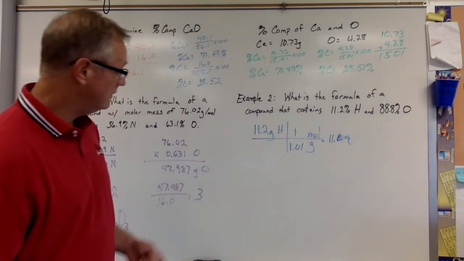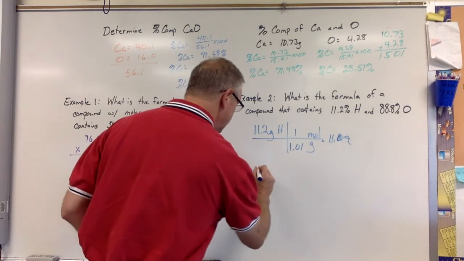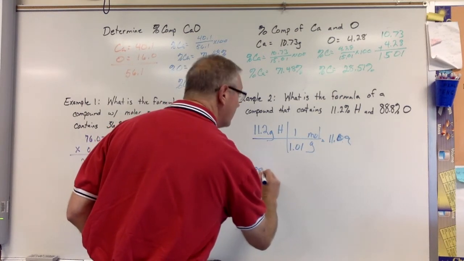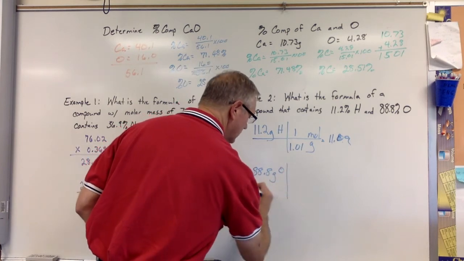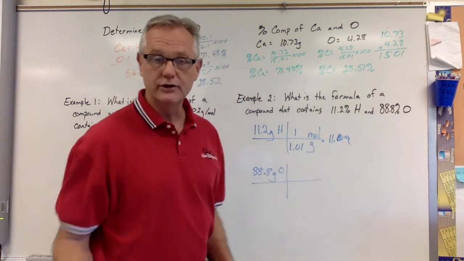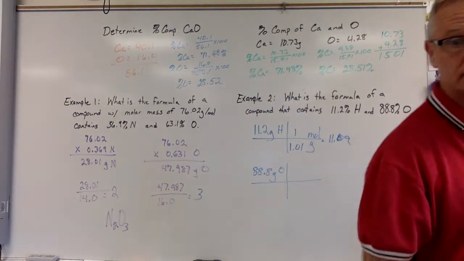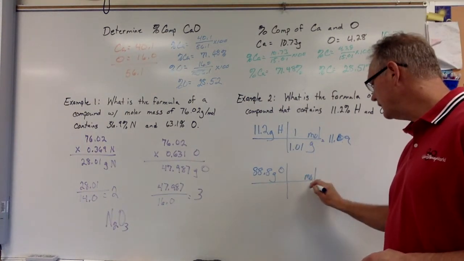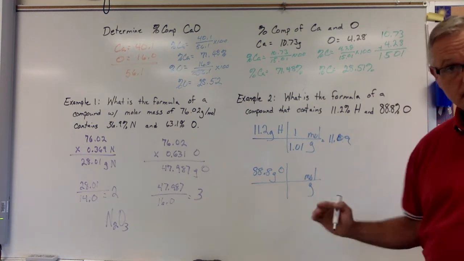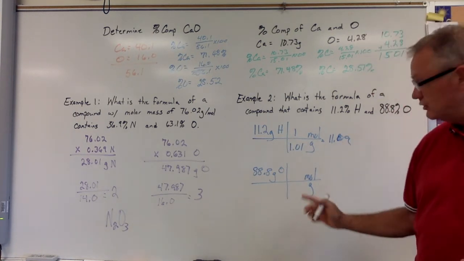All right. So now let's do the second one. I have 88.8 grams of oxygen. I'm going to put it into a factor label box so I can determine the number of moles. I put the moles here. I put the grams on the bottom. This time, it's still molar mass, but I'm using oxygen.